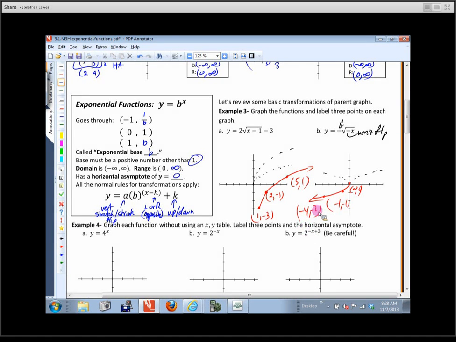Okay. I just need you to tune in for just a second. Watch this. It's always a good idea to double check and make sure that you're right. Normally, we can't plug negatives into radicals, right? But if I plug in a -4, watch what happens. What's the first thing we do with the -4?